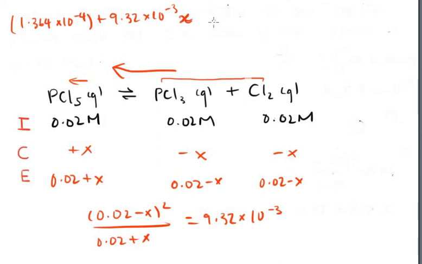I'll make that more noticeable. And you equate that to this whole thing squared. And I'm just going to do that right now. So that's going to be 0.0004 minus 0.04x plus x squared.